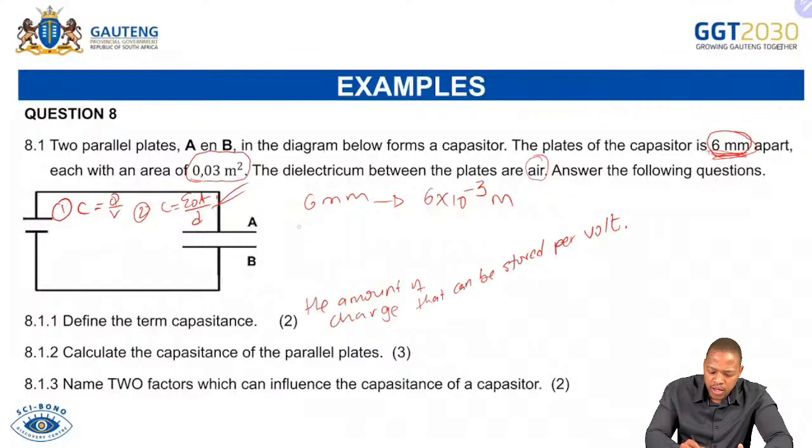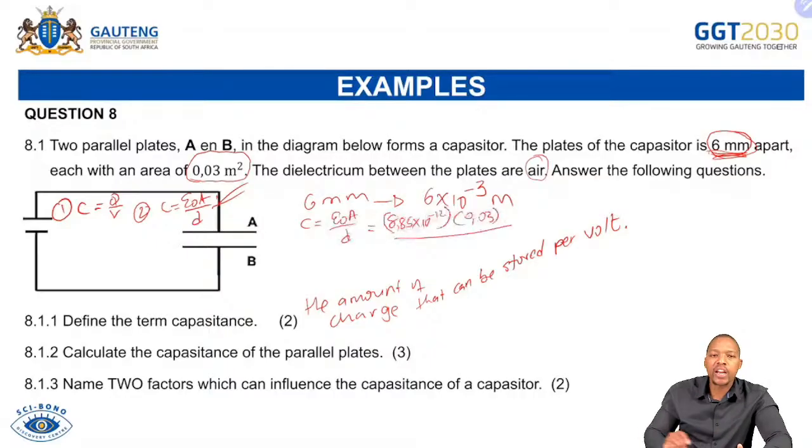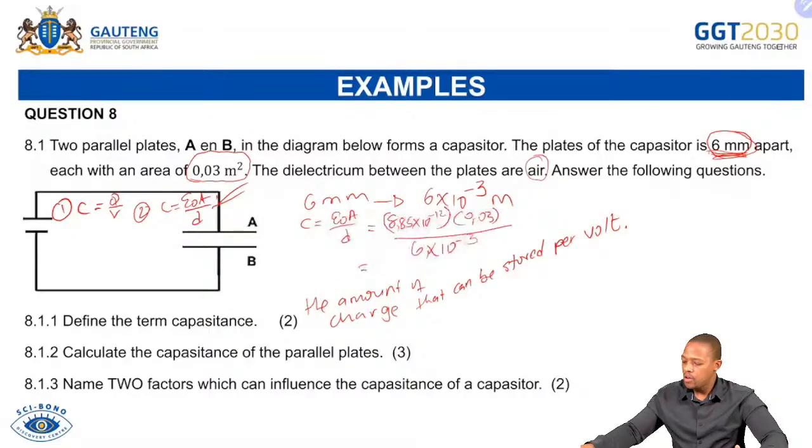So we are going to say C equals epsilon naught A over d, where epsilon naught is 8.85 times 10 to the power minus 12 multiplied by the area, 0.03. No need for me to convert the area this time around because it is given in square meters, over the distance, which is 6 times 10 to the power negative 3. Then go straight to my calculator.